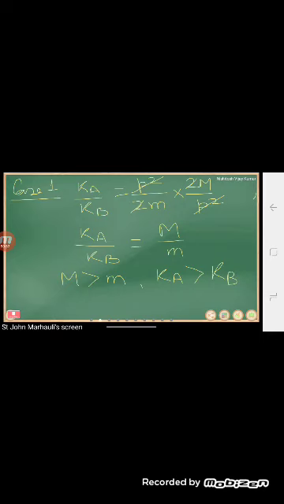That is, the kinetic energy of the lighter body, A, is more than the kinetic energy of the heavy body, B. I'm also going to explain this using an example.